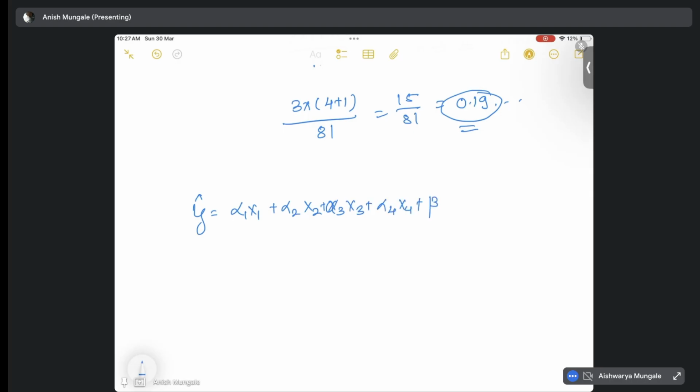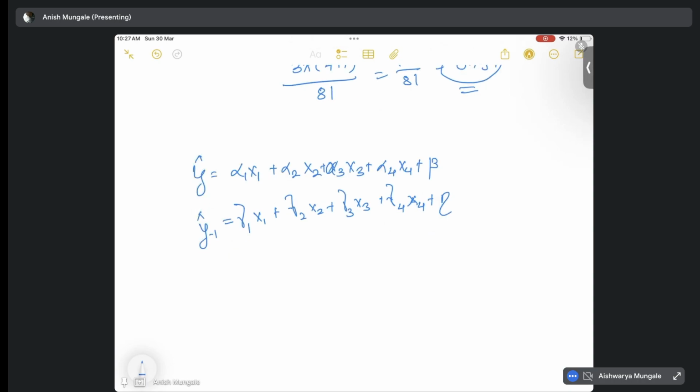And let's say after deleting the first value, let us call it y minus 1, you got parameters gamma 1 x1 plus gamma 2 x2 plus gamma 3 x3 plus gamma 4 x4 plus, let's say, some eta.